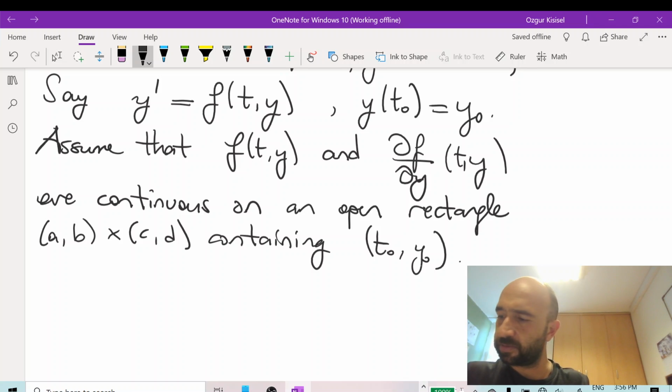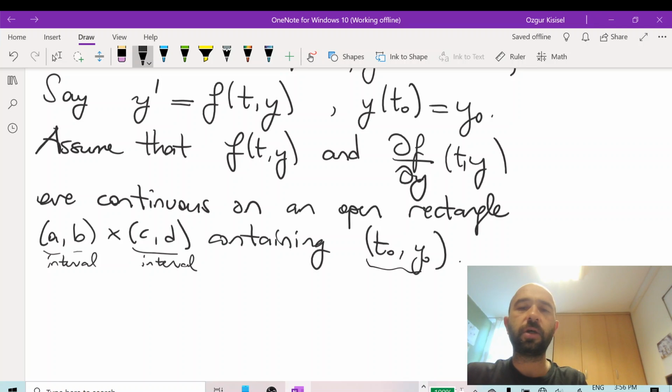Now, the notation is very confusing because this is an interval, it's an interval, there's a Cartesian product, but there's a point. So sorry about this weird notation. I use the same type of parentheses both for interval and a point. These are the coordinates of the point t0, y0, whereas (a, b) and (c, d) are open intervals.